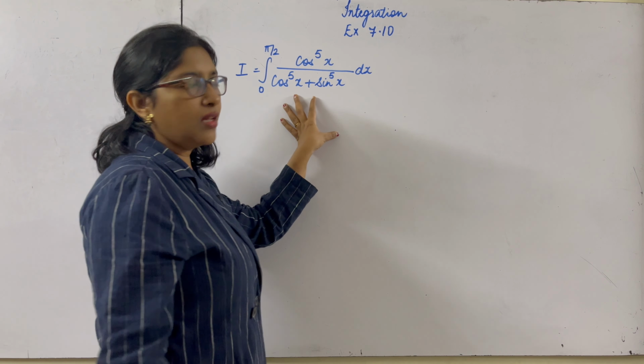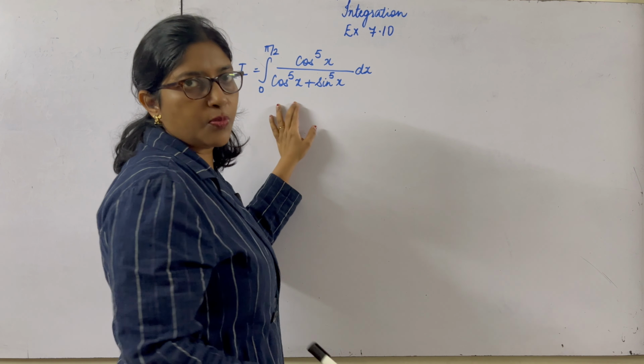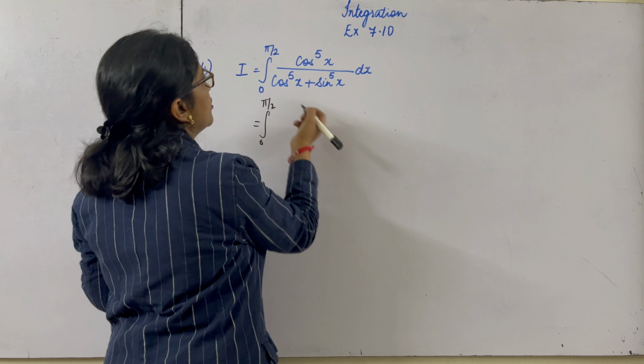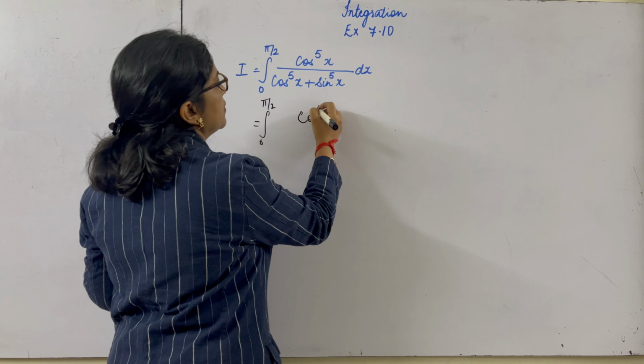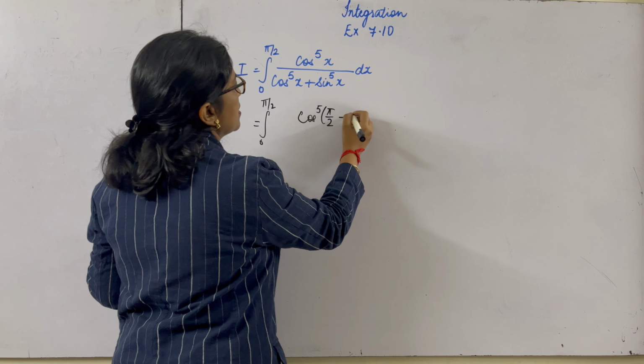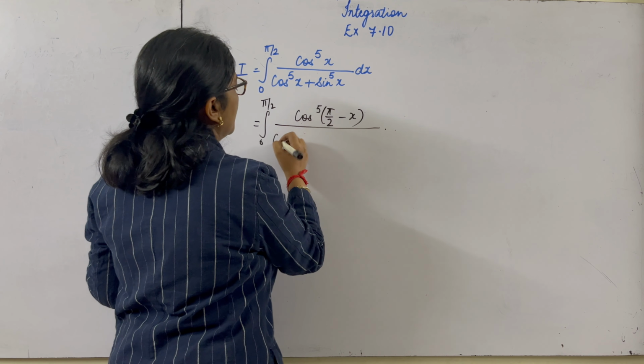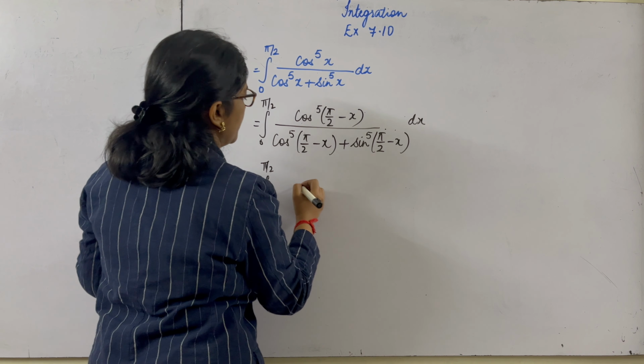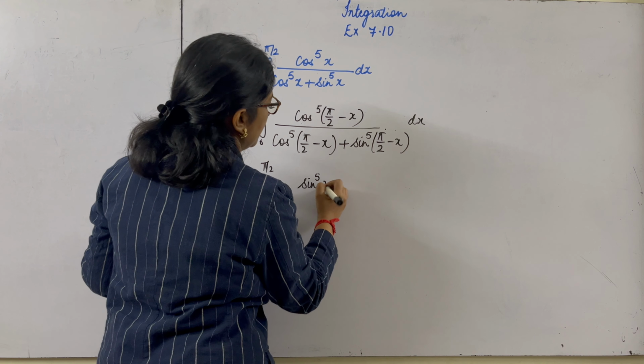So this is once again a similar question, so let's be very quick with this. This is 0 to pi by 2 of, let's apply a minus x. So cos of pi by 2 minus x will become sine.